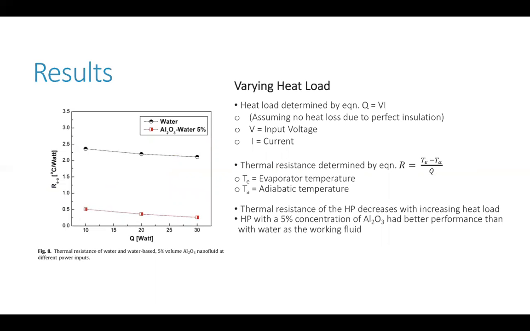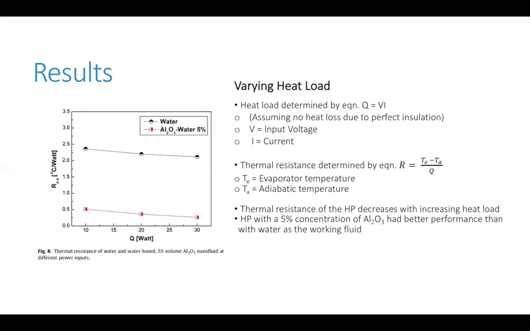Next, here in figure 8, we could see a plot of the thermal resistance of the heat pipe versus the heat load. Here, the heat load is varying and can be determined from the equation Q equals VI, where V is the input voltage and I is the current. We're assuming that there's no heat loss due to perfect insulation.